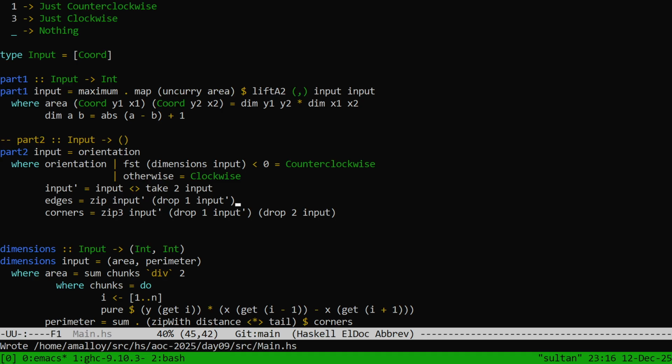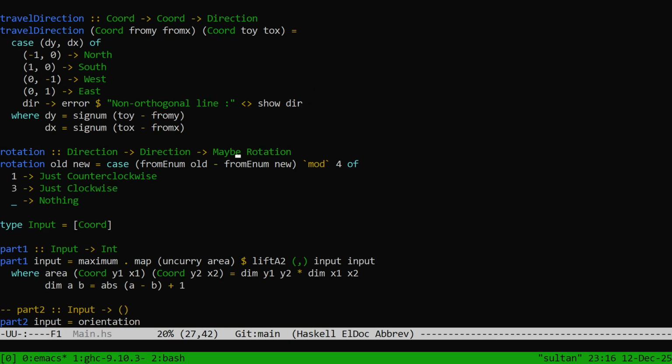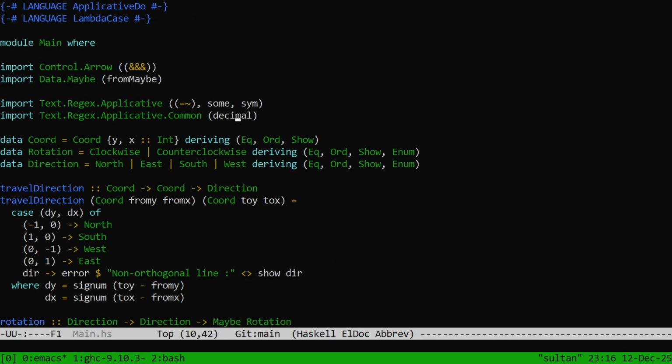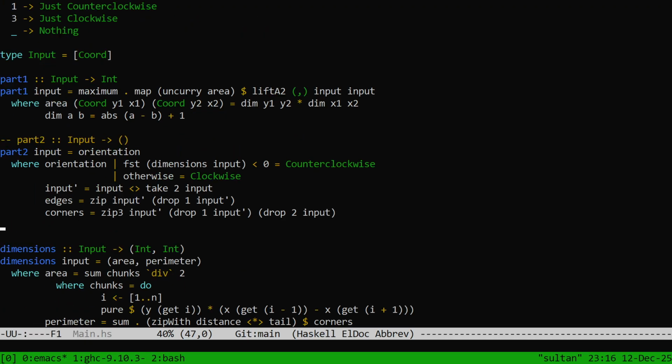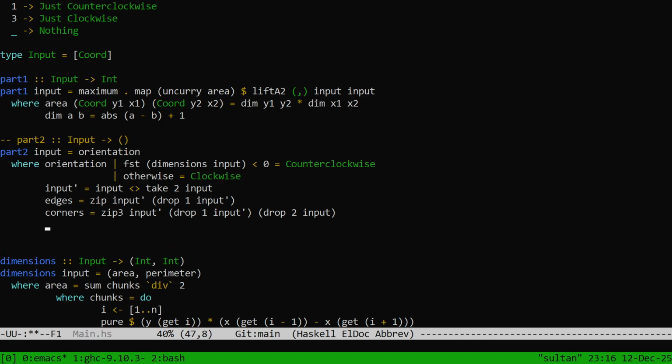I care about corners and edges, and then I can just fill a set with, oh, this is either red or green, basically. The red ones are just the input, right?